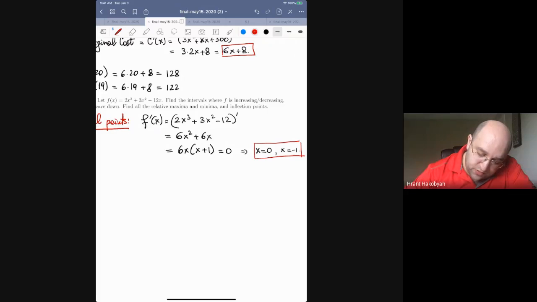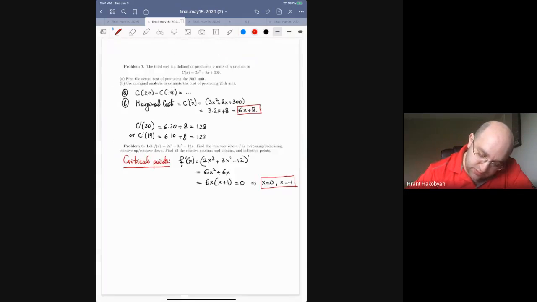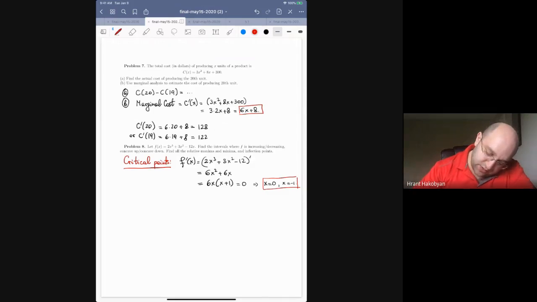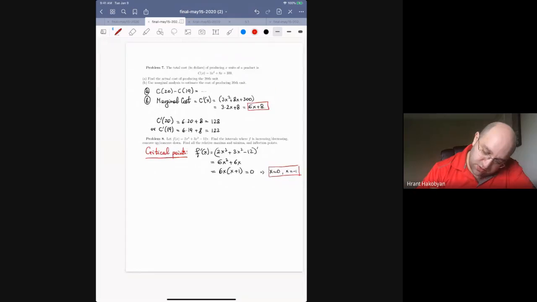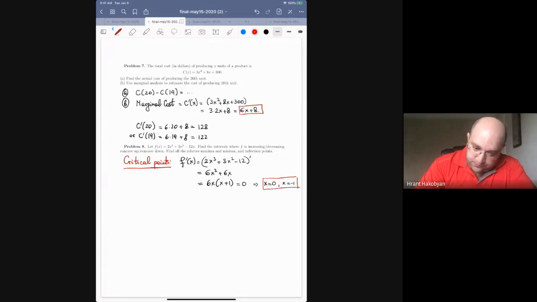Okay, so now I have to find the intervals where the function is increasing or decreasing. So I can draw the line, right? So there is 0 here and negative 1.